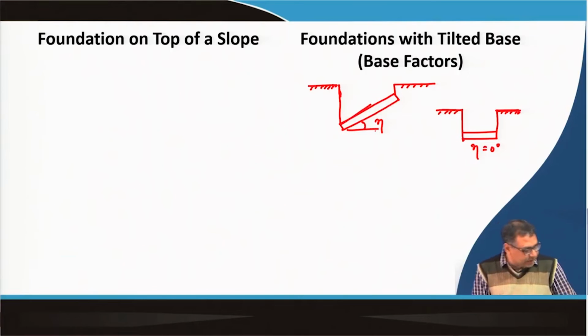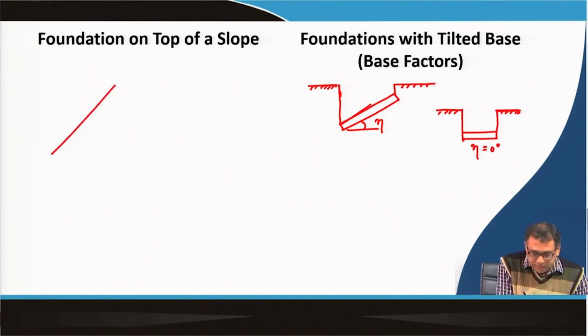And another case is that the foundation may be on sloping ground. Then how can we calculate these bearing capacities, when our foundation is on sloping ground? For example, this is your foundation, this is a slope, okay, and your foundation is here on the top of a slope.